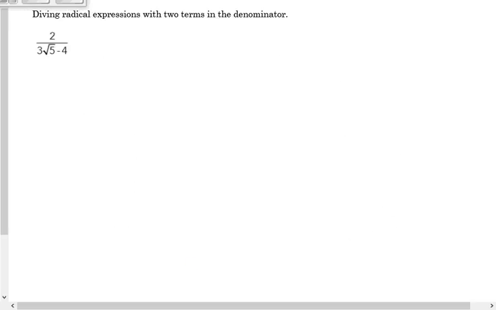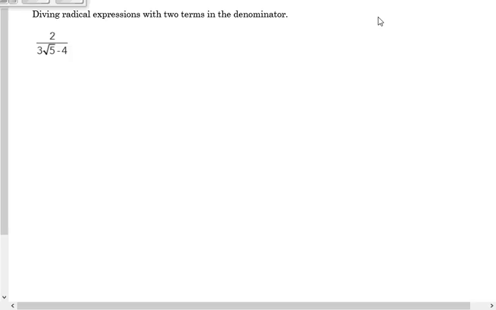And the last thing that we need to know is when we divide a radical expression with 2 terms in the denominator, so we've got a term here of 3 root 5, and then another term of negative 4, what we have to do is multiply by the conjugate. A conjugate basically is 2 binomial factors whose product is the difference of squares.